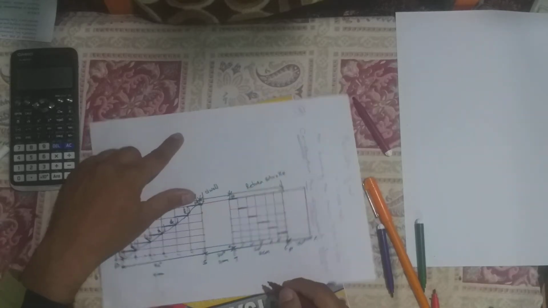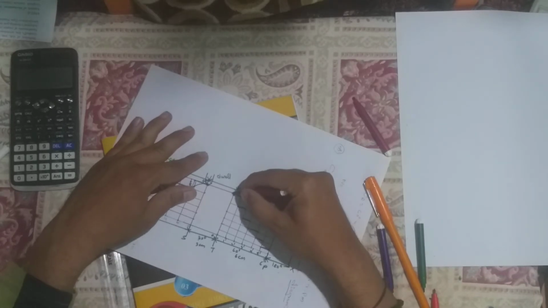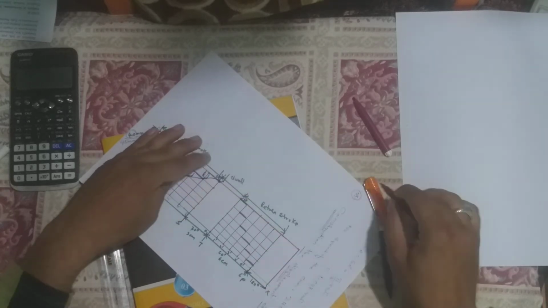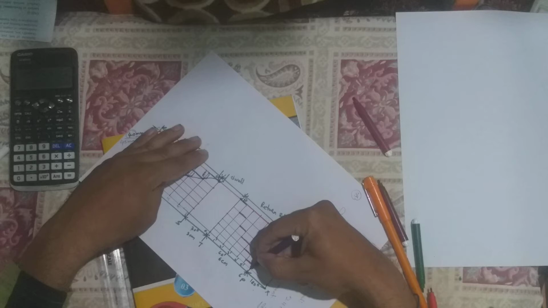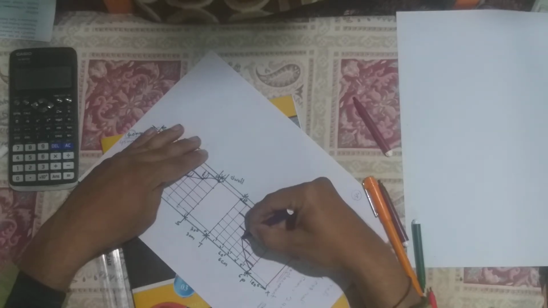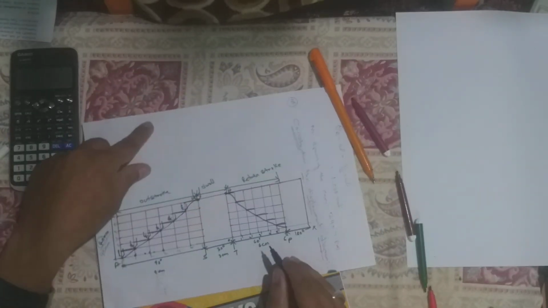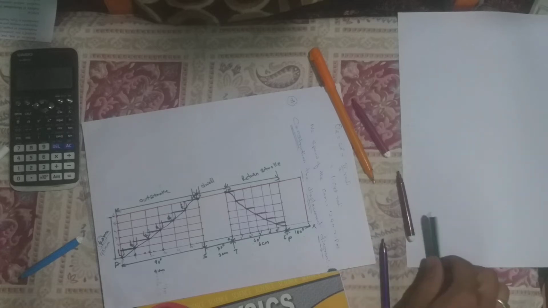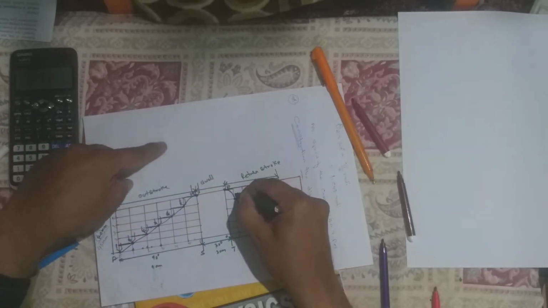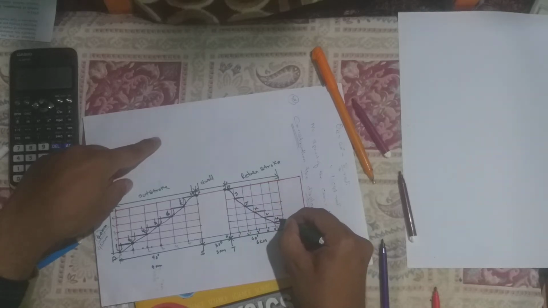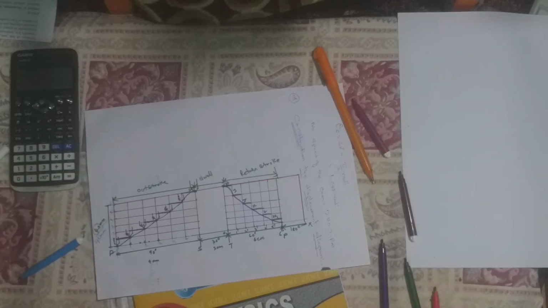Okay, the curve will move like this. I, J, K, L, M, and the last one is P. Okay, this is your displacement diagram.